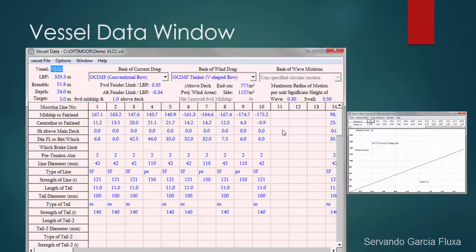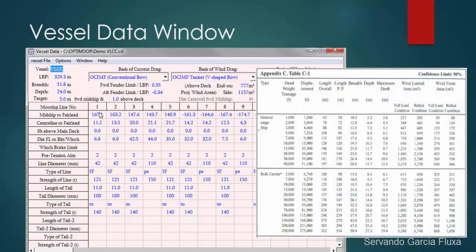Also, if you don't really know what could be the breadth, depth, and length between perpendiculars, BX6349 table C1 gives you a table where you can find standard parameters for different kinds of ships.